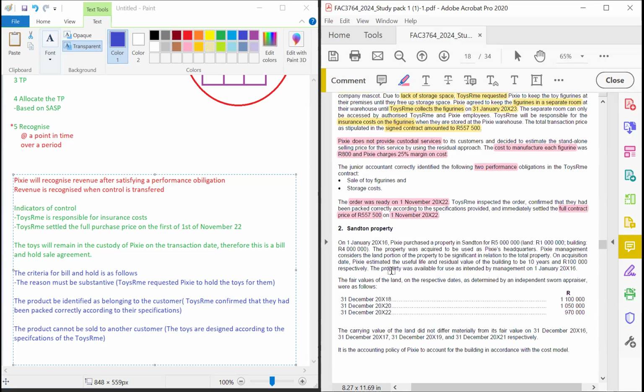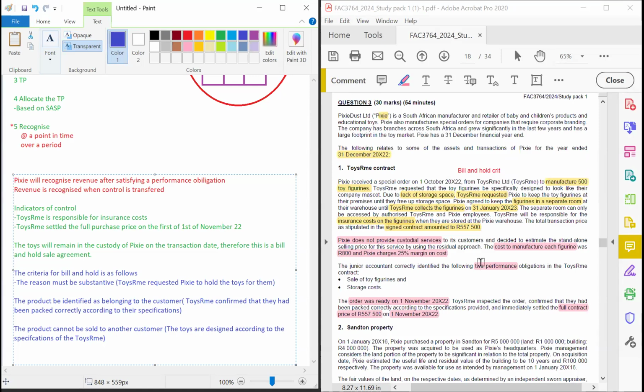So now we need a date. Remember our fundamental principle: PPE will recognize revenue after satisfying a performance obligation. Revenue is recognized when control is transferred. So when does control transfer? It transfers on the 1st of November 2022, because of what was concluded in the indicators of control, right?